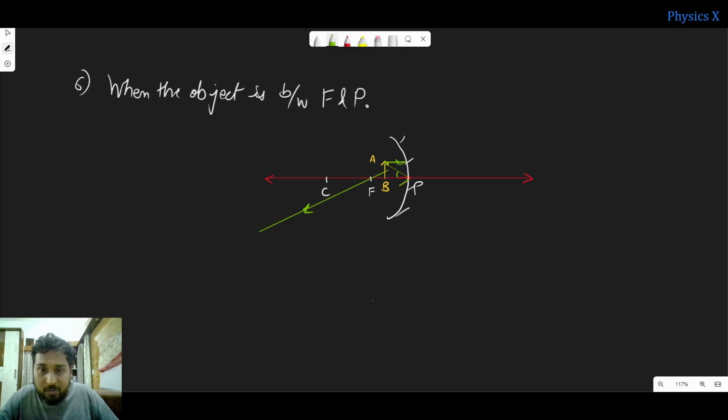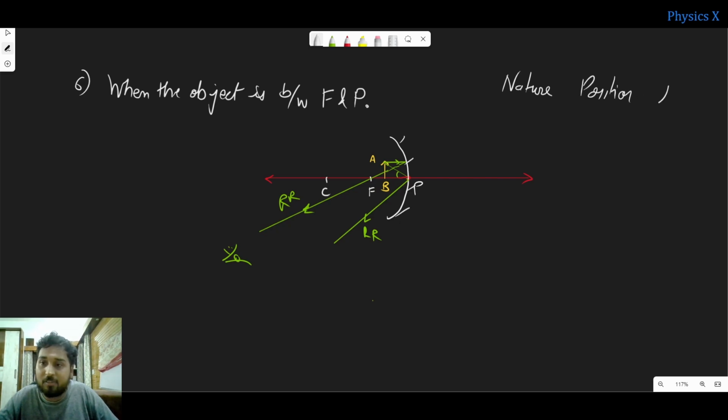This angle and this angle will be equal, so it will come like this. This is your reflected ray. Now what will be happening? If you observe from this side, you can see that these reflected rays are diverging away, so they won't be meeting in the real sense.